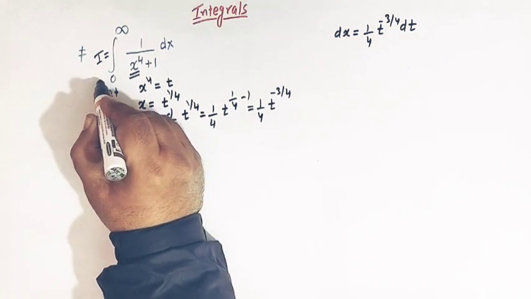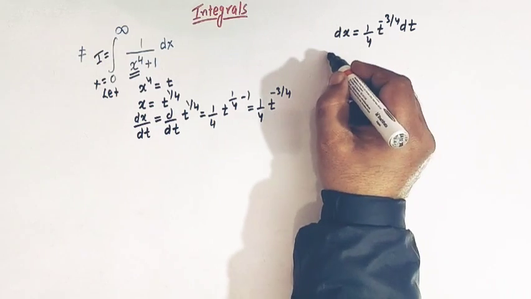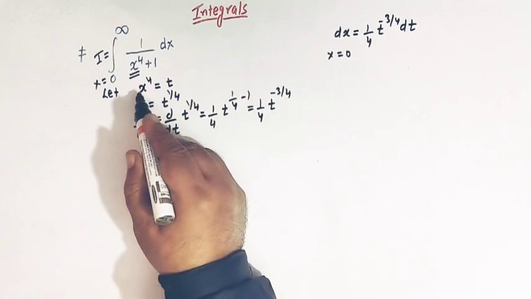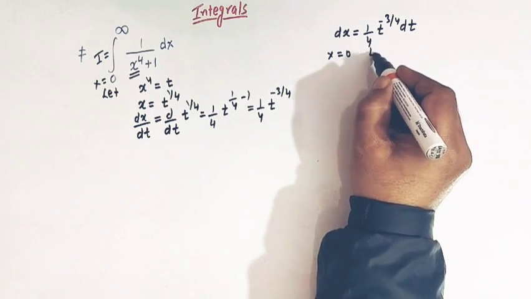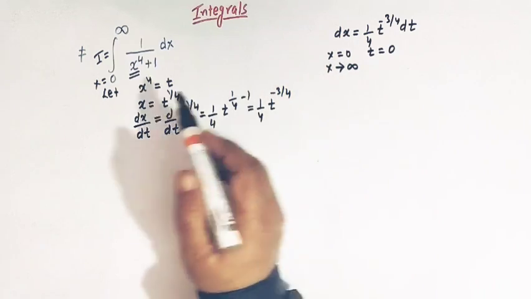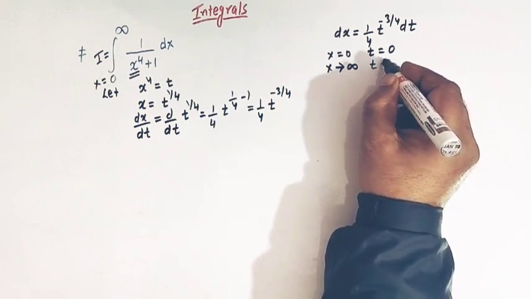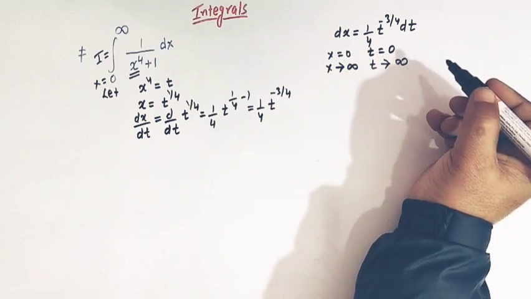Now see here, the limits of integration vary from 0 to infinity. When x is 0, then obviously t is also equal to 0, and when x tends to infinity, the value of t also goes to infinity.